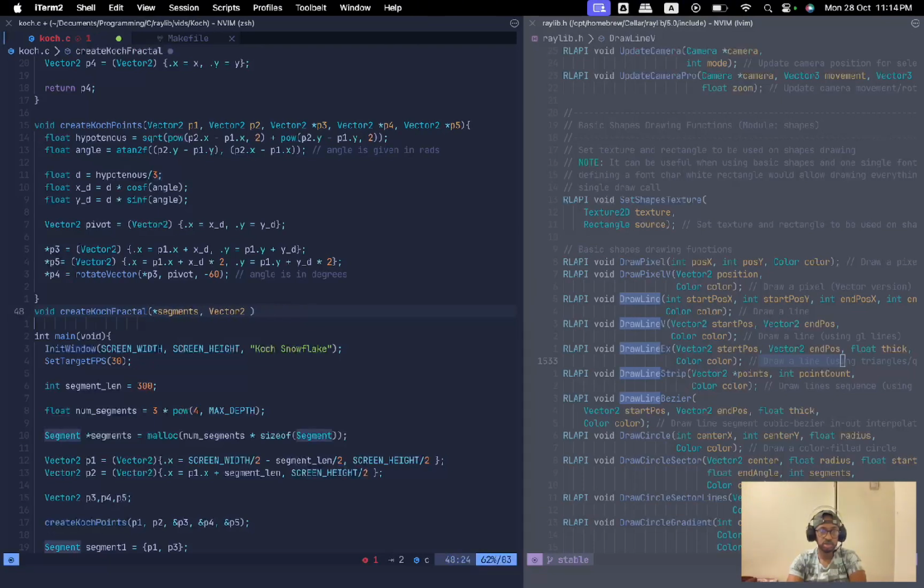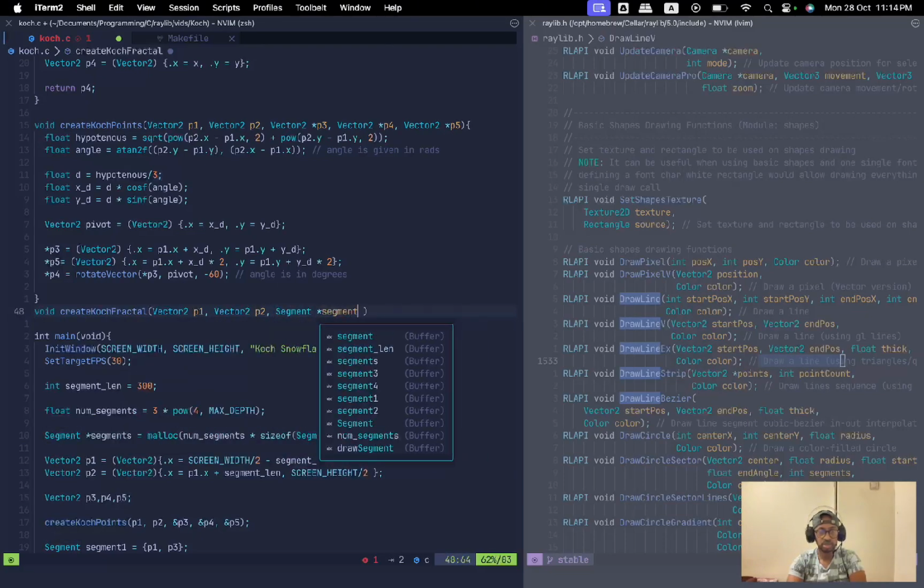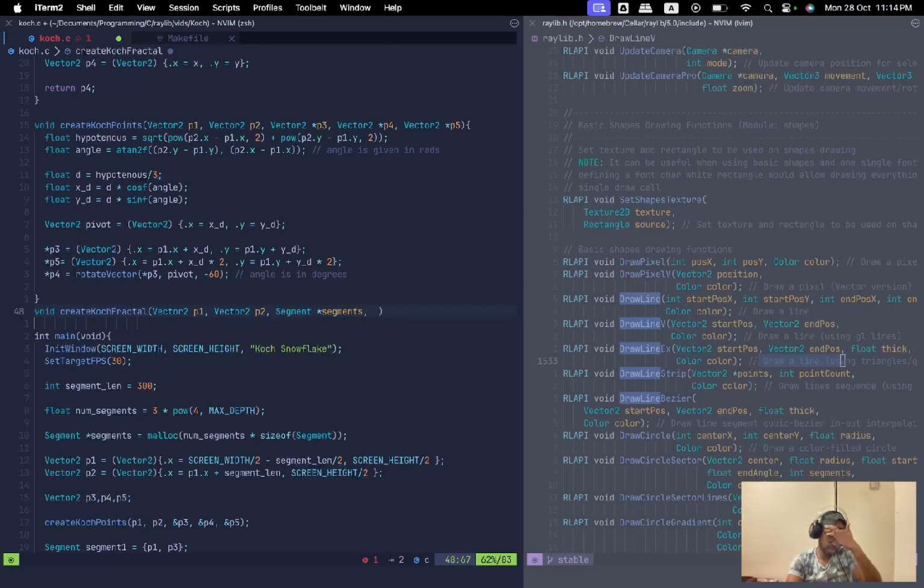Let's make the order like this. So I take my 2 points, vector 2, P2. Then I take my segment array, and I want to track what is the element count.